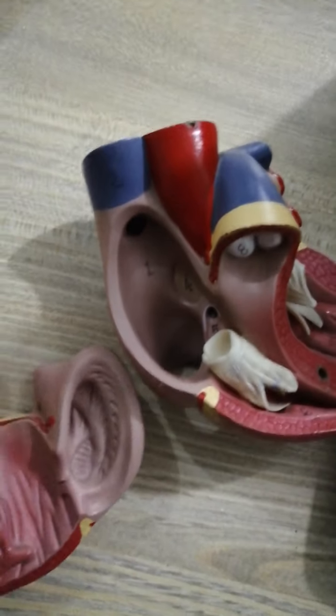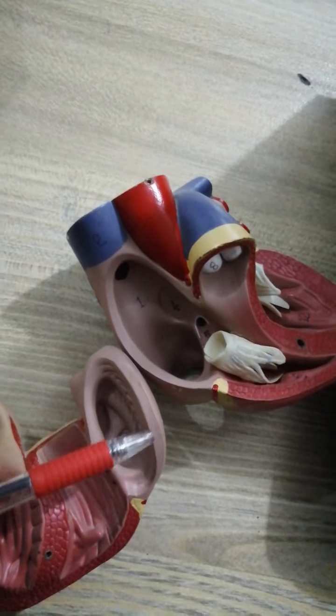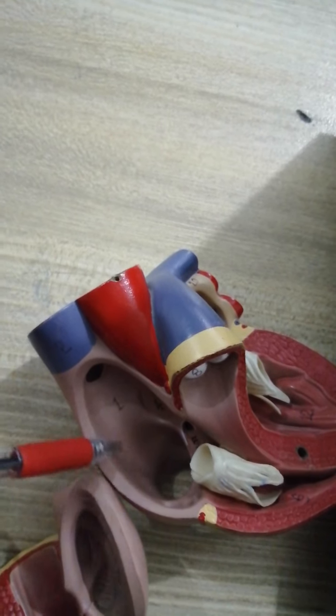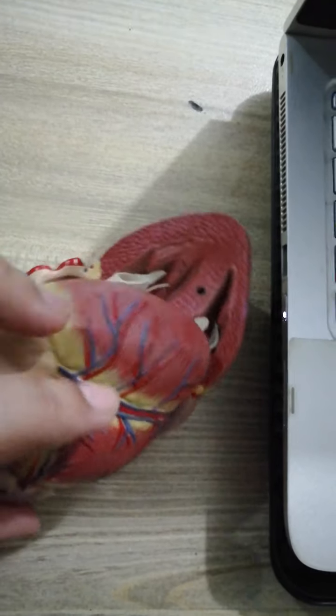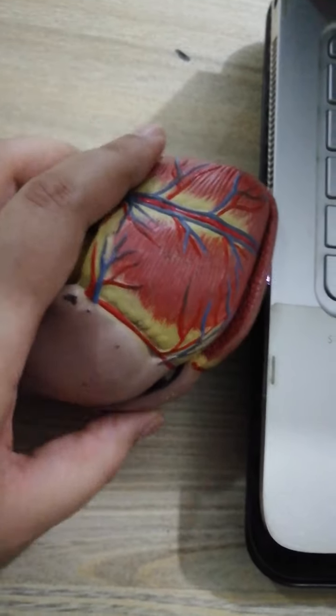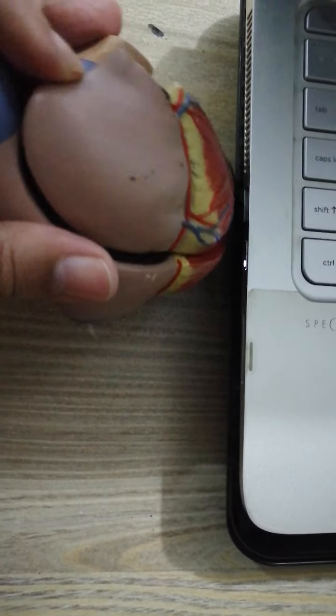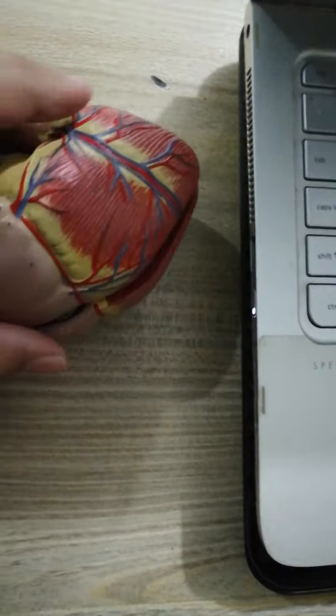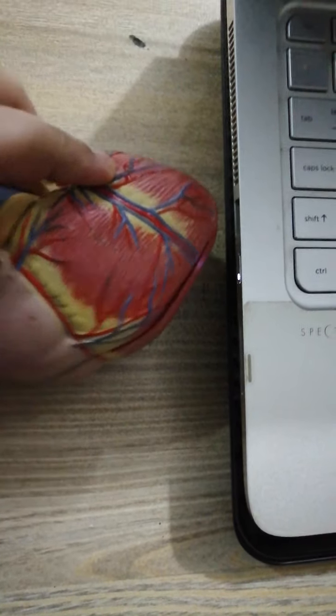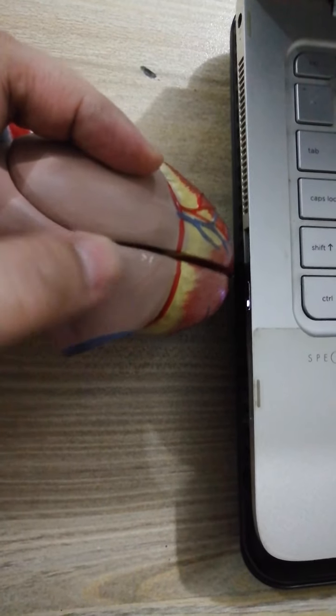Alright, this elevated structure separates the smooth part of the right atrium from the rough part of the right atrium. As you can see here, this is the rough part of the right atrium, known as the crista terminalis from inside. And if I join it back, the depression is referred to as the sulcus terminalis.